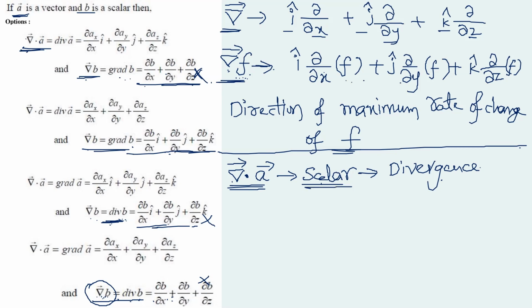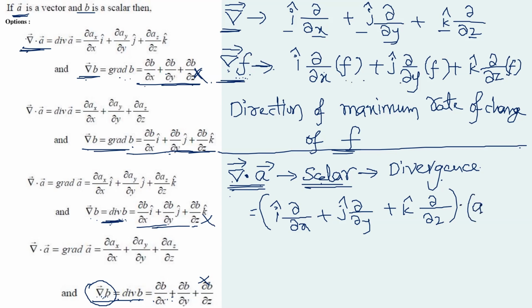So del dot a: we have del as i times dou by dou x plus j times dou by dou y plus k times dou by dou z, dotted with ax i plus ay j plus az k. These are the three components of vector a.